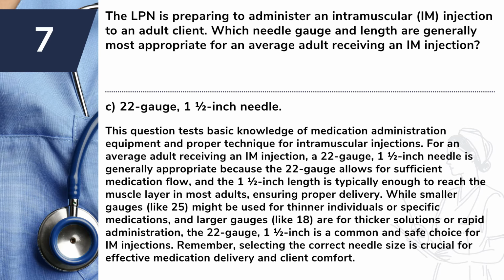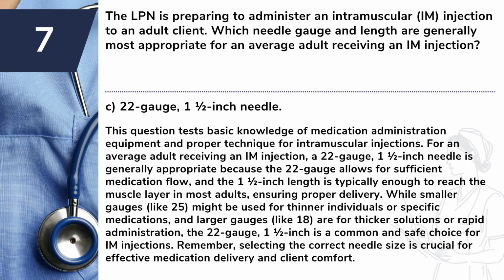Answer C. 22 gauge, 1.5-inch needle. This question tests basic knowledge of medication administration equipment and proper technique for intramuscular injections. For an average adult receiving an IM injection, a 22 gauge, 1.5-inch needle is generally appropriate because the 22 gauge allows for sufficient medication flow, and the 1.5-inch length is typically enough to reach the muscle layer in most adults, ensuring proper delivery.